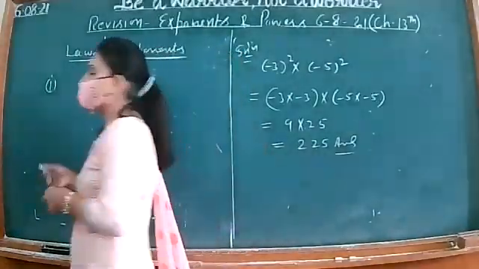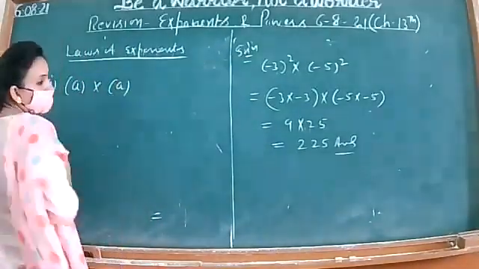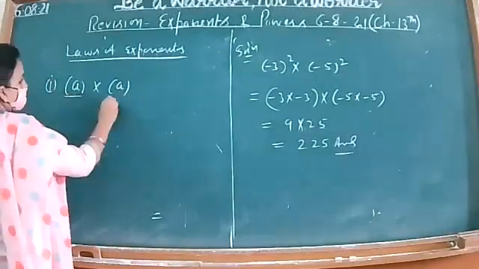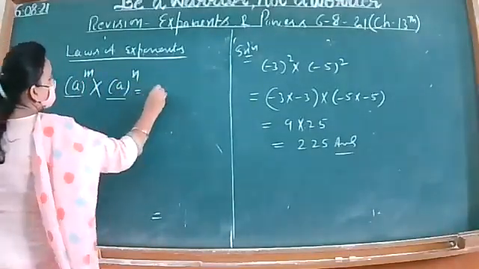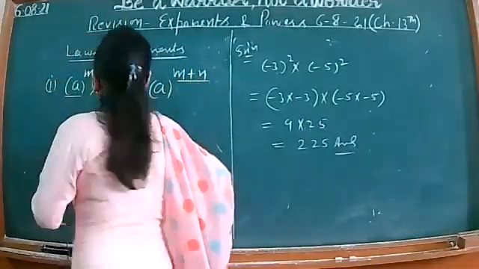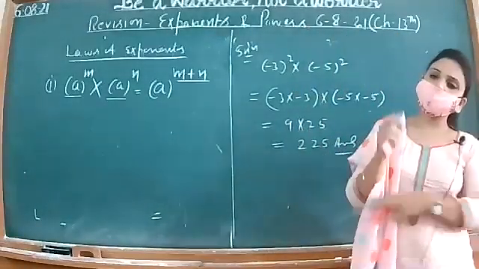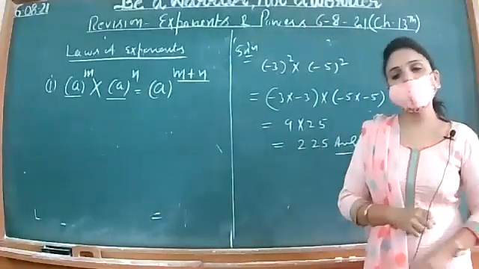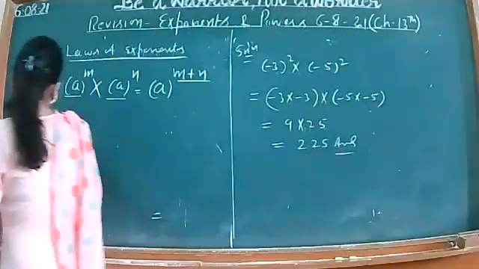Bases same, sign of multiplication is in between, then what will be the rule? Powers will get added.